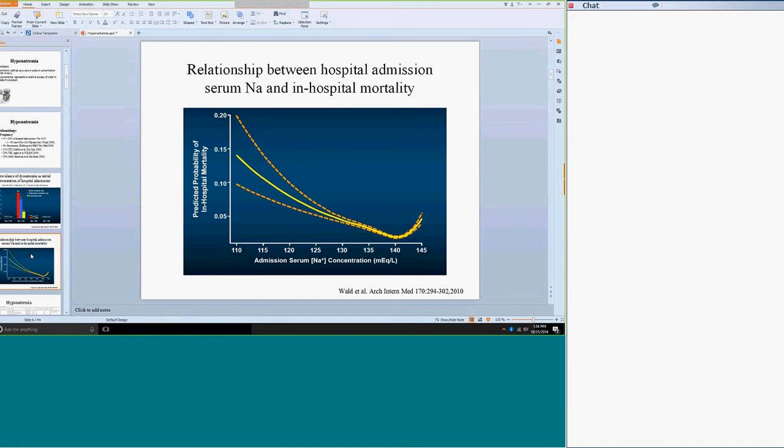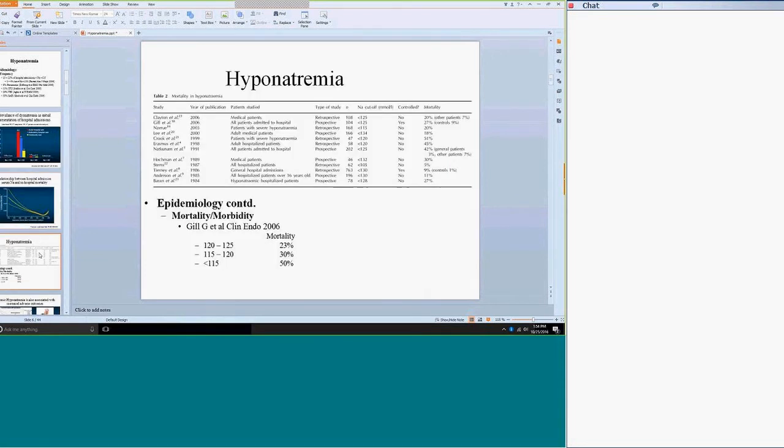If it's 110, it's about 15% just within the hospital. There are also data going back from 1984 to 2006, and in each of these studies, the mortality you can see in the last column ranges from 5 to 50%.